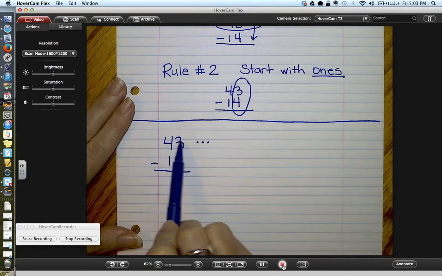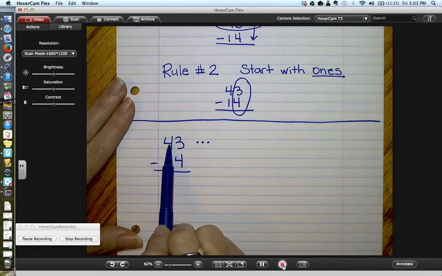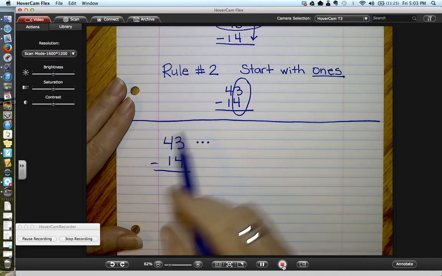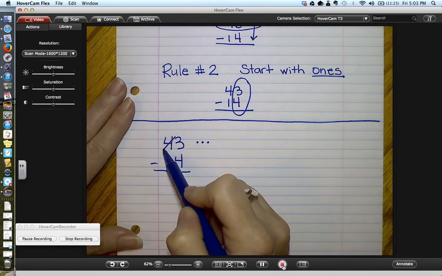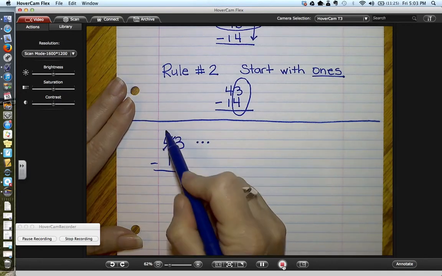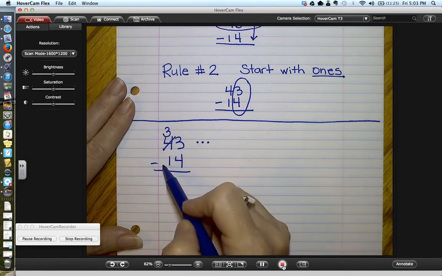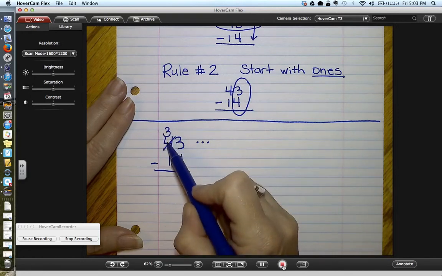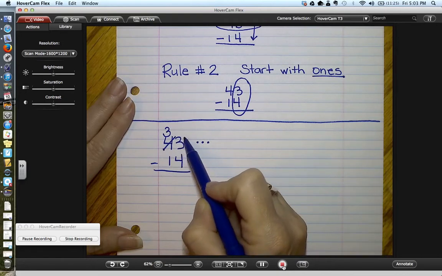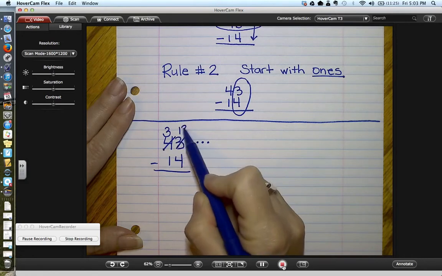We're going to go over to the next column, and in this case it's the tens place, and we're going to say, excuse me, could we trade or borrow one of your tens? So I'm going to cross that 4 off. If I take away one of those tens, there's only going to be 3 left. But now I need to bring that 10 over here to the 3. Well, 10 and 3 more is not 3 anymore. It would be 13.